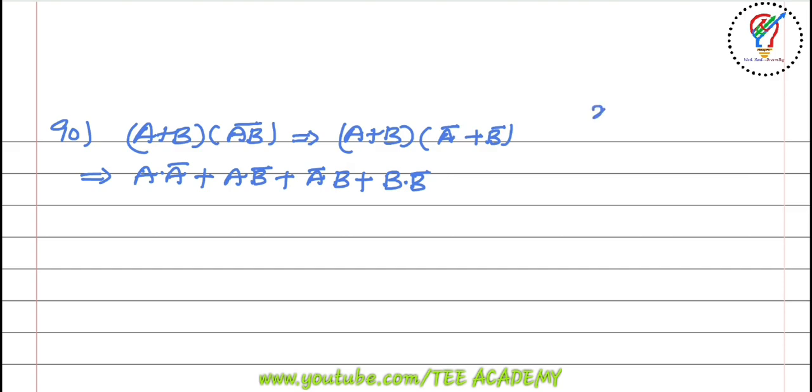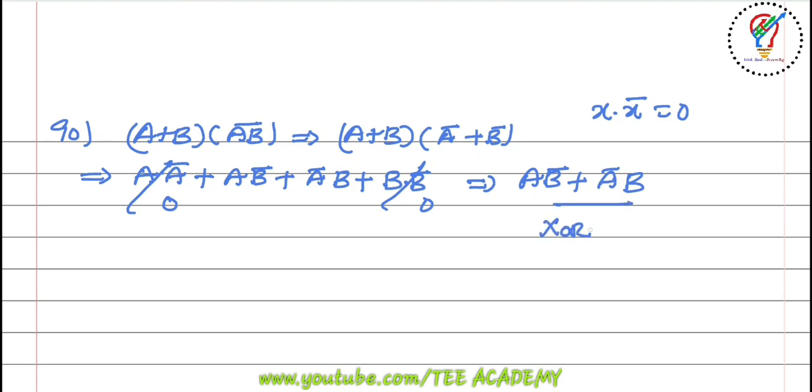Anything product with its complement, X into X bar, will be 0. So here it becomes 0 and here it becomes 0. So finally A B bar plus A bar B. So it is the exclusive OR gate operation. So option C will be the right option here.